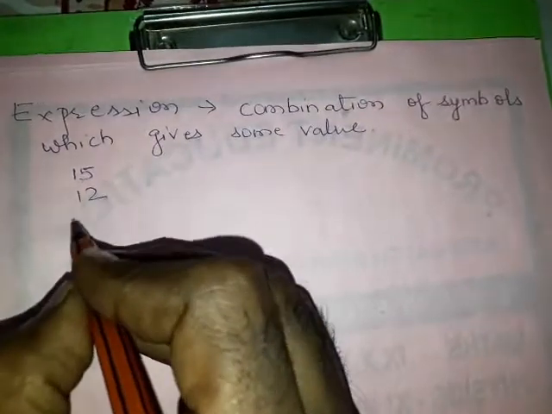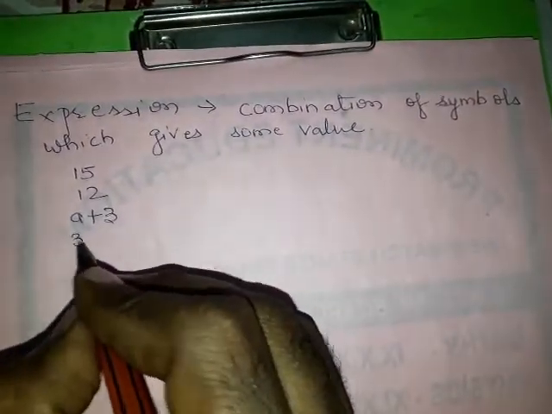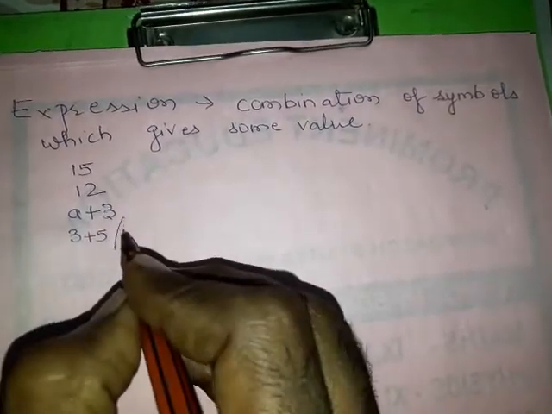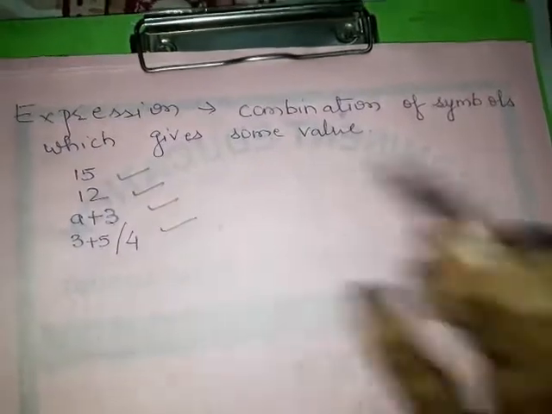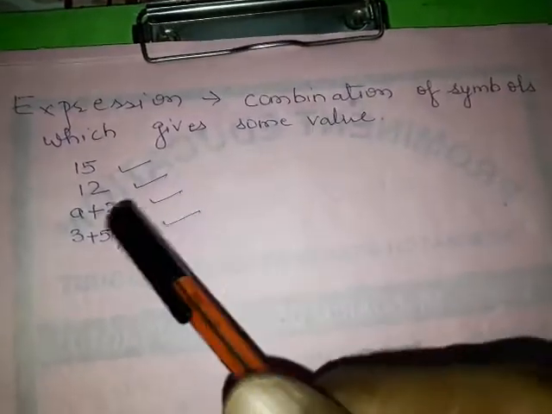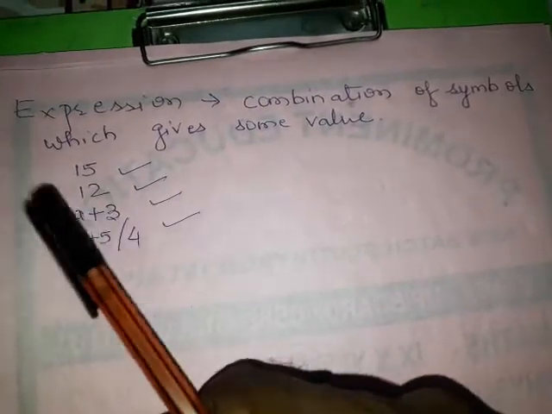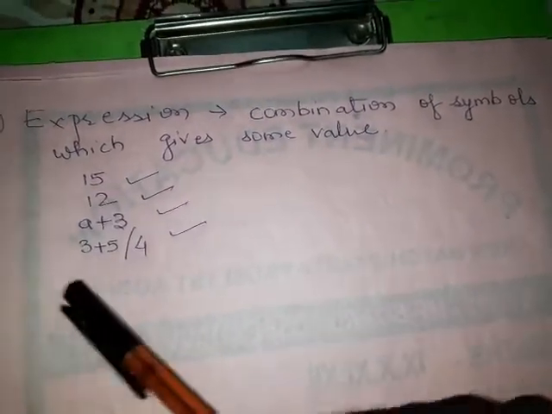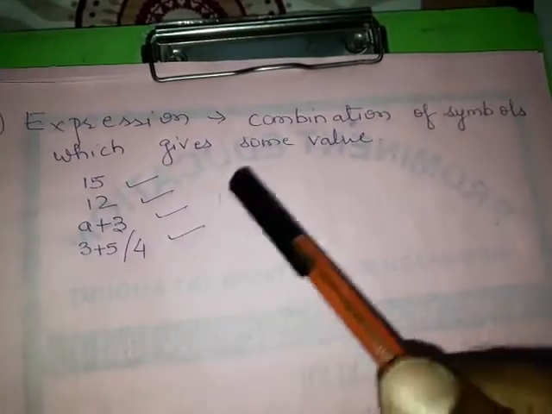For example, 15, 12, a plus 3, 3 plus 5 divided by 4. These are all combinations of symbols which give some value. This is a value. This is also a value. The expression is the combination of symbols which gives some value.